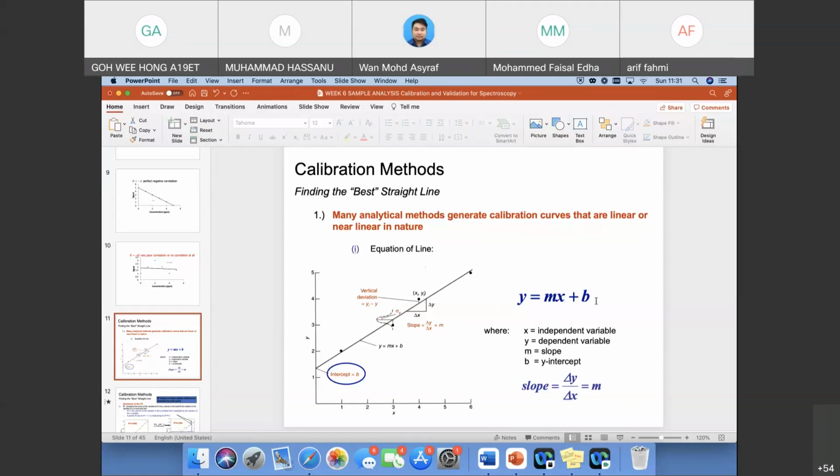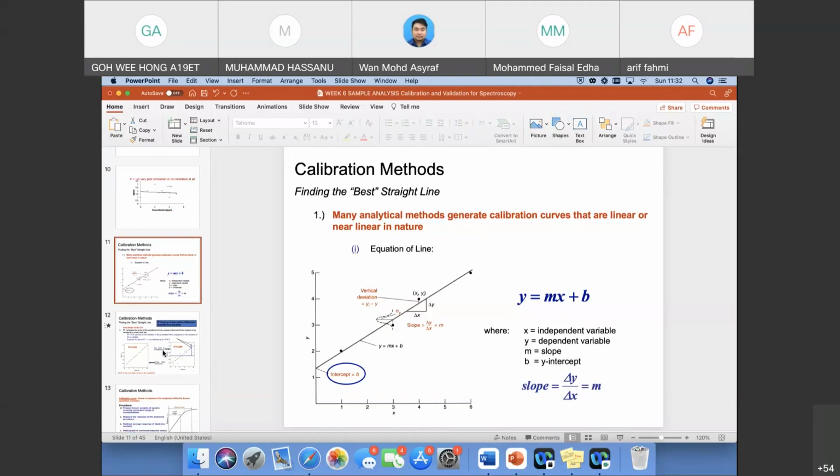So y equals mx plus b is the equation for a straight line where y is your dependent variable, x is your independent variable, m is your slope, and b is your y-intercept. I don't think we need to go into depth on this equation. Usually when you do it in Excel, when you have your data points and you create your calibration curve, it will generate r square and also your straight line equation.